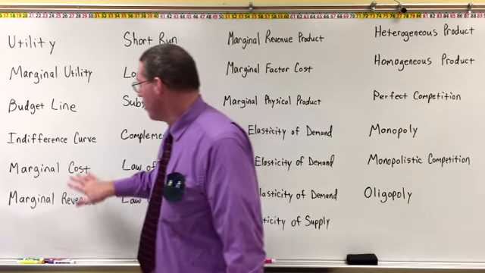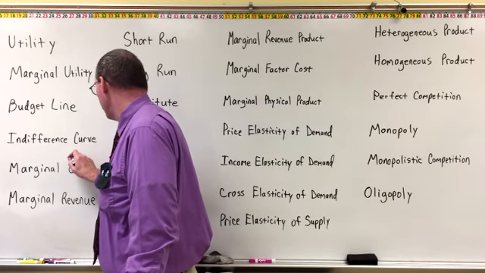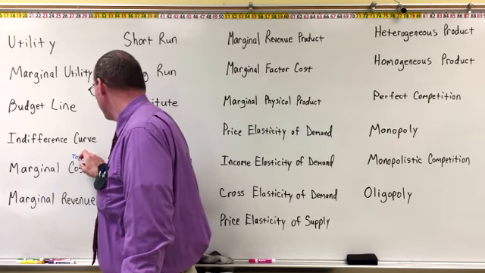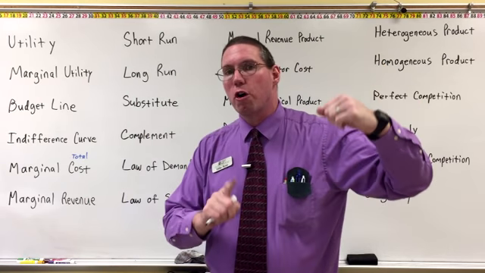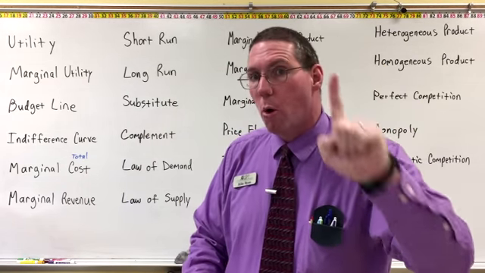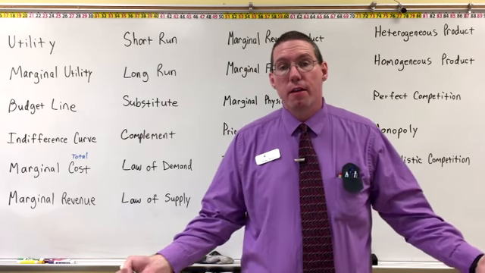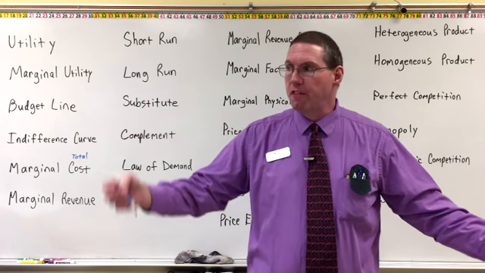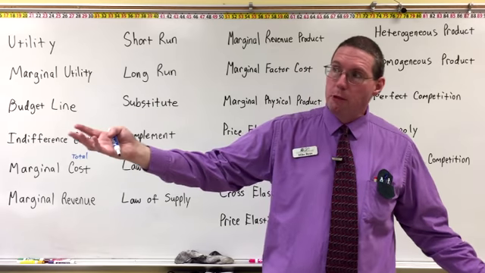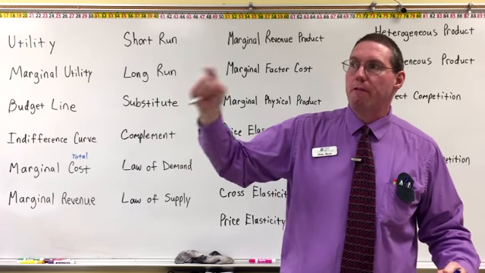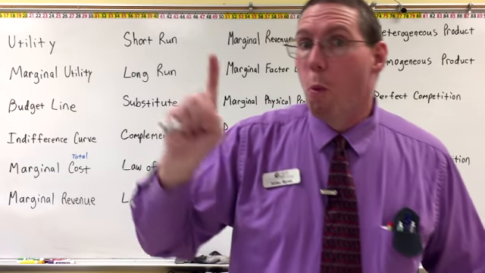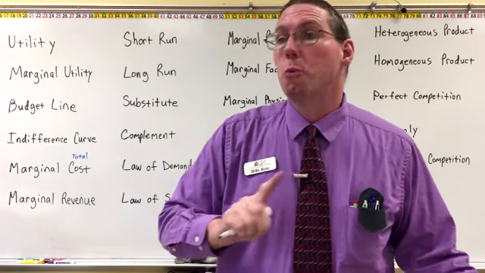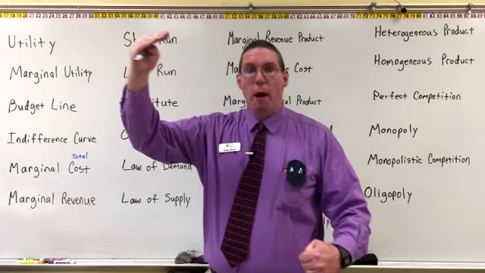How much does total cost go up if you were to produce one more unit? So if a business is making 55 cars, they think, how much would our costs go up by if we produced 56 cars? If we produce one more car, how much will our total cost go up by?